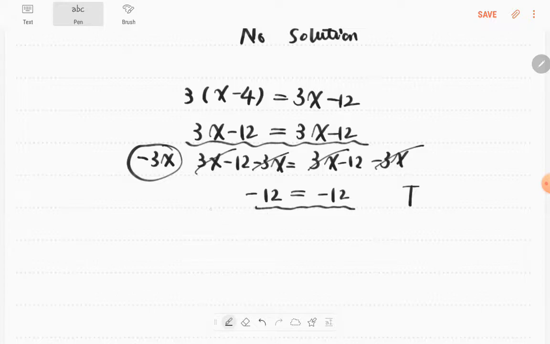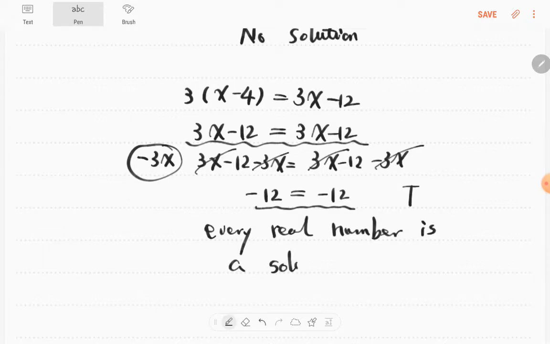So it's true for any value of x, which means every real number is a solution. So every real number is a solution is the conclusion.